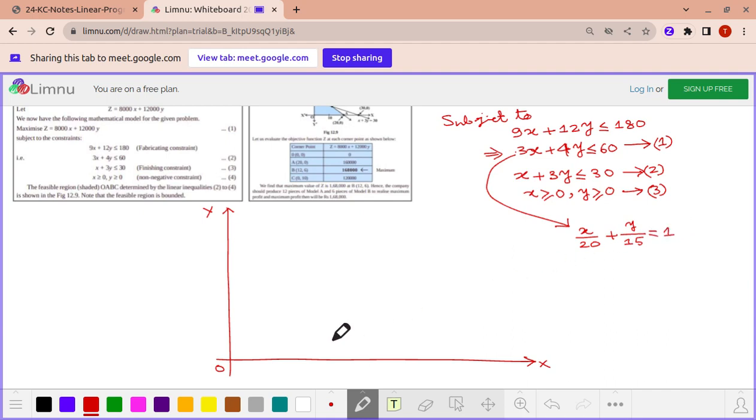If we make a scale of 10, this is 10, this is 20, this is 30, this is 40. So x by 20, this is 20, and y by 15. If we make the same scale along the y-axis, 10, 20, 30, and so on, 15 will be somewhere here. So let's join these two.